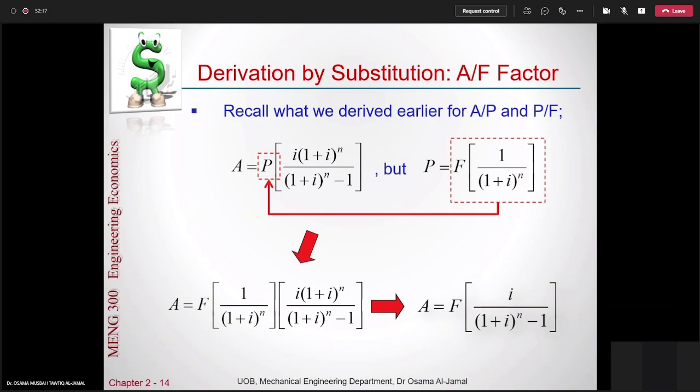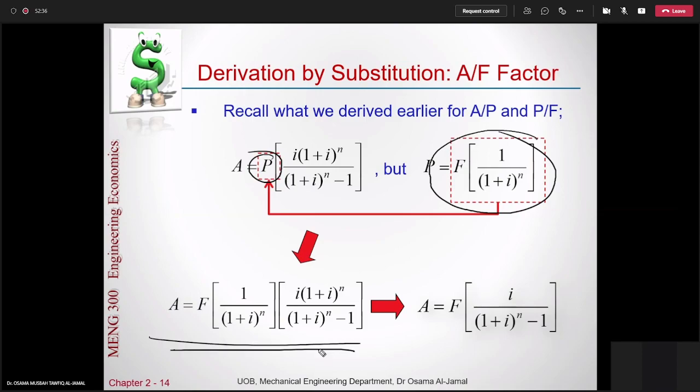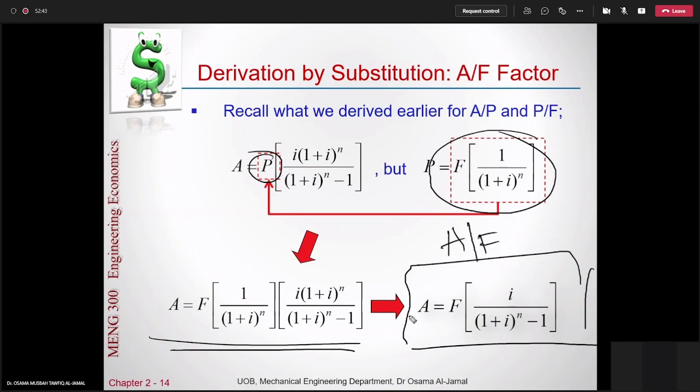Since most of you are experts in math now, that is not difficult for you. Just find P given F and substitute it for that P. That's what we're going to have. So this is A given F for that factor.